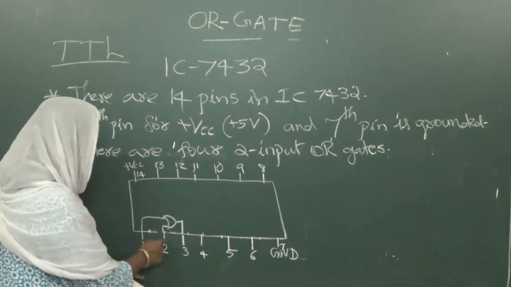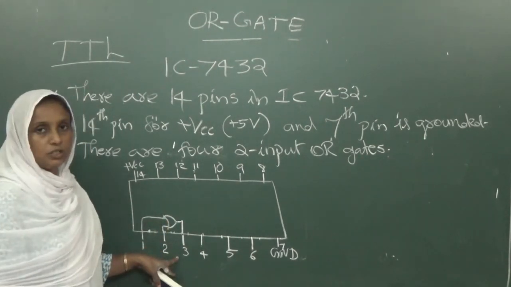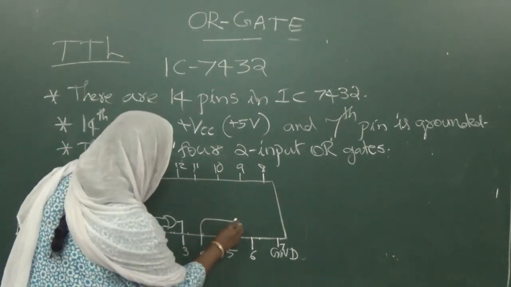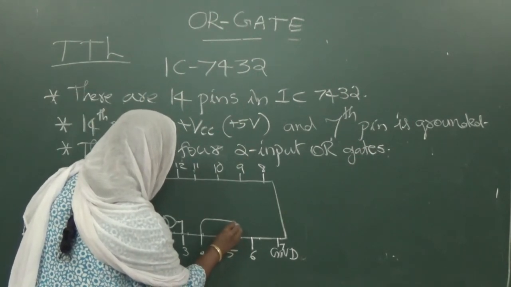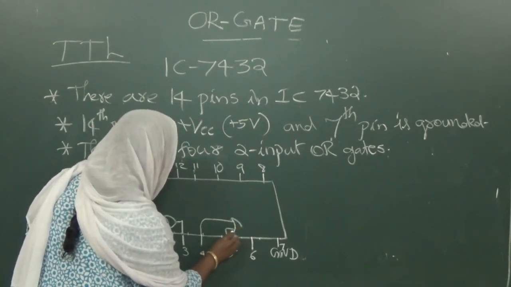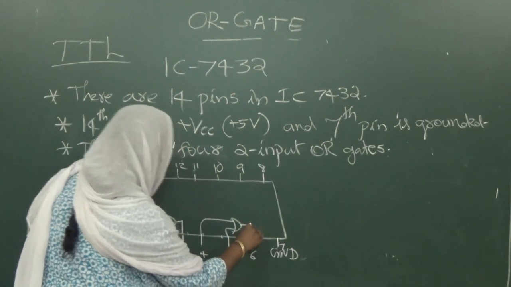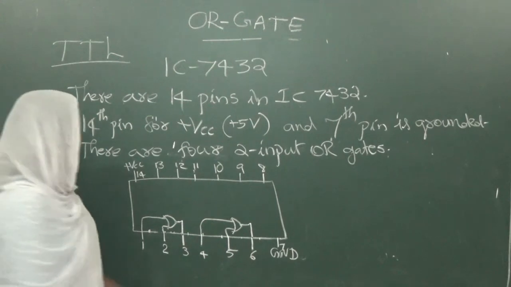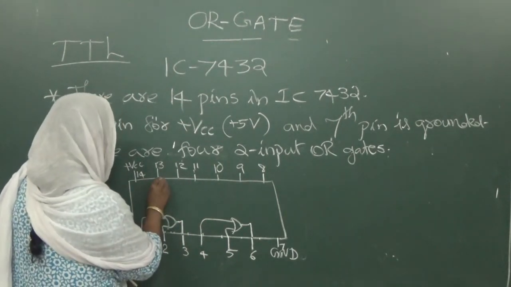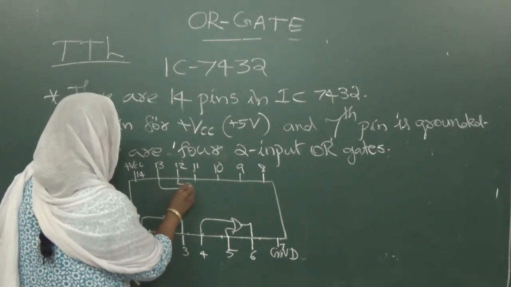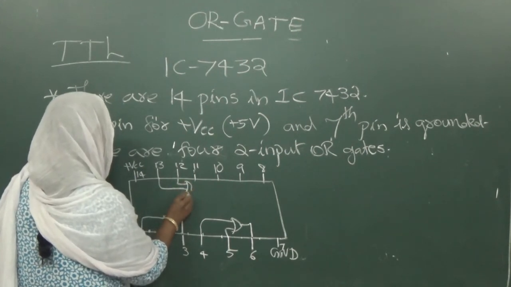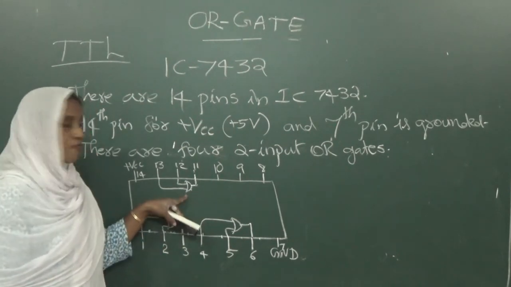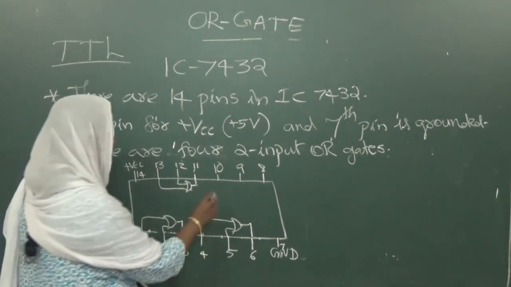So here 1, 2 are inputs of the first gate and 3 is its output. Similarly, 4 and 5 are the inputs of the second gate with output 6. Similarly here also 13 and 12 are inputs of an OR gate with output 11.